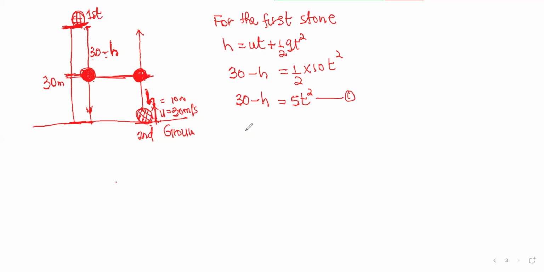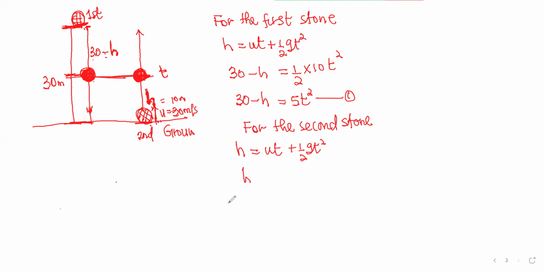Then for the second stone, by the time they meet, we are also assuming that the time where the two would meet is t. The second stone is moving up with an initial velocity. So h would be equal to ut plus half gt squared.